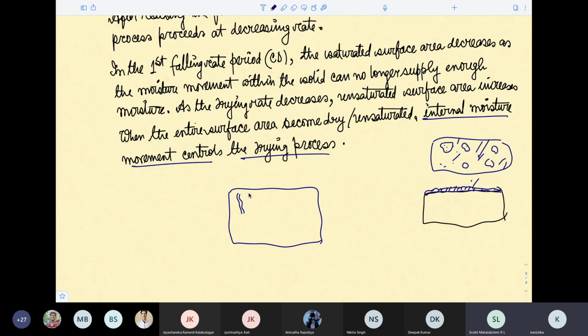In micro capillaries, water is more bound; in macro capillaries, the water is unbound. As long as macro capillaries can supply the water, it's fine, but the micro capillaries are not able to supply the water at that rate. The capillaries are internally connected.